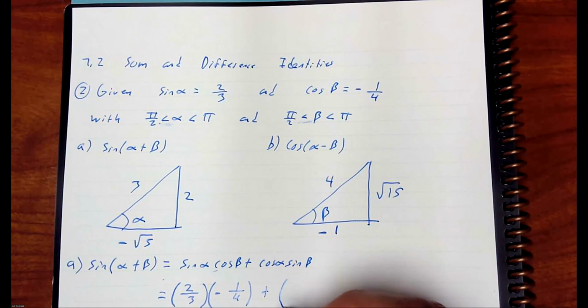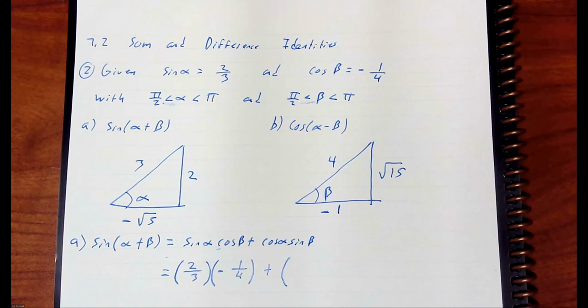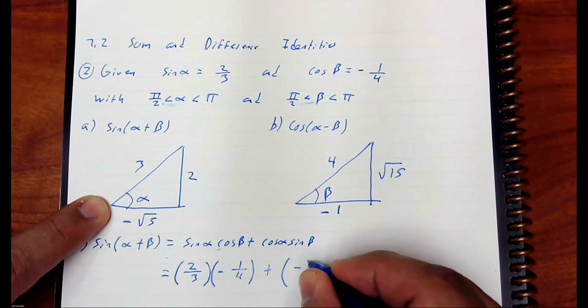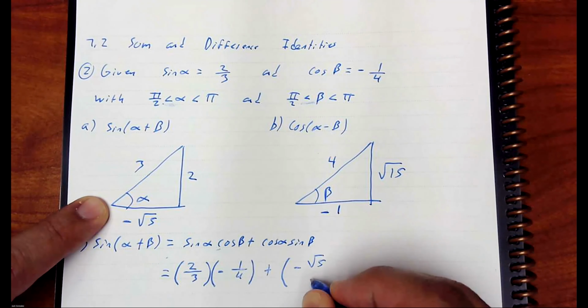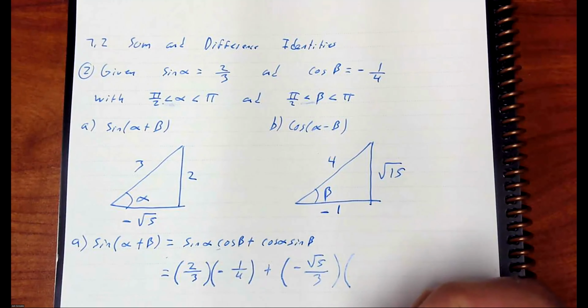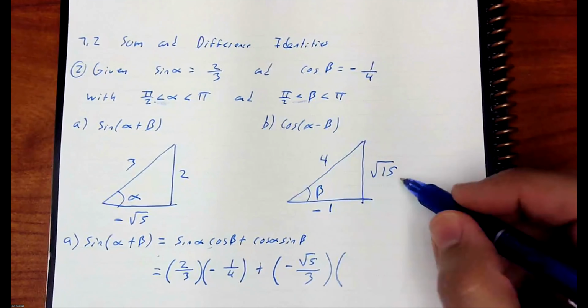Plus cosine alpha. What is cosine alpha? Negative square root 5 over 3. Sine beta should be opposite, right?